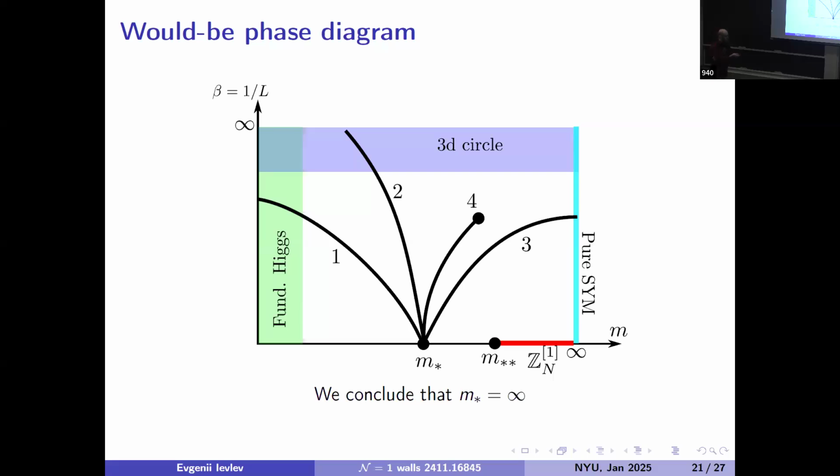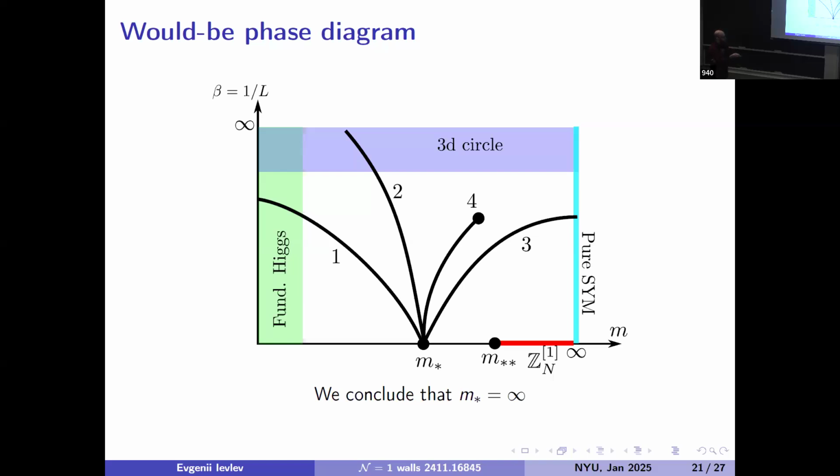So what regions are under control here? First of all, at small quark masses, we have good control because the theory is decoupling due to mixing by fundamental matter. At small circle compactifications, the theory is also under control because of adjoint mixing.